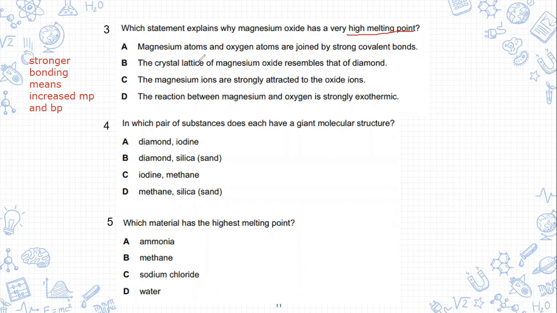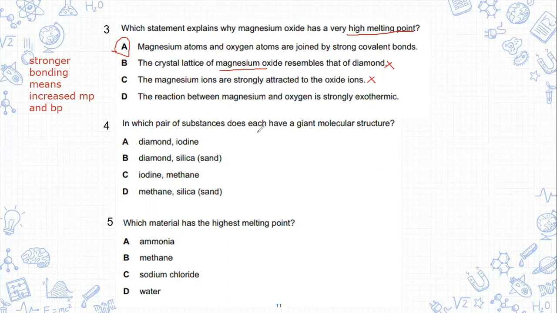And even the magnesium oxide MgO crystal lattice does not at all resemble diamond, so this is going to be wrong. The magnesium ions are strongly attracted to the oxide ions. No, the reaction between magnesium and oxygen being strongly exothermic does not have to do with anything. So it's always going to be A because we are always concerned with the bonding.